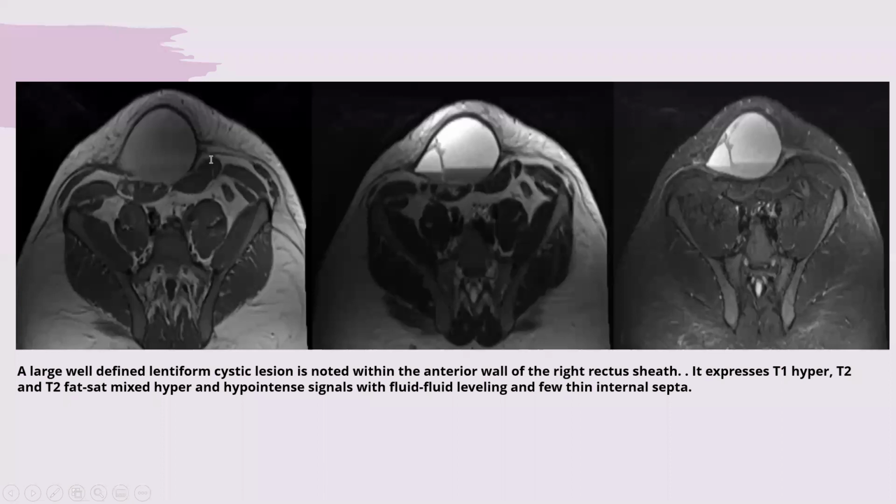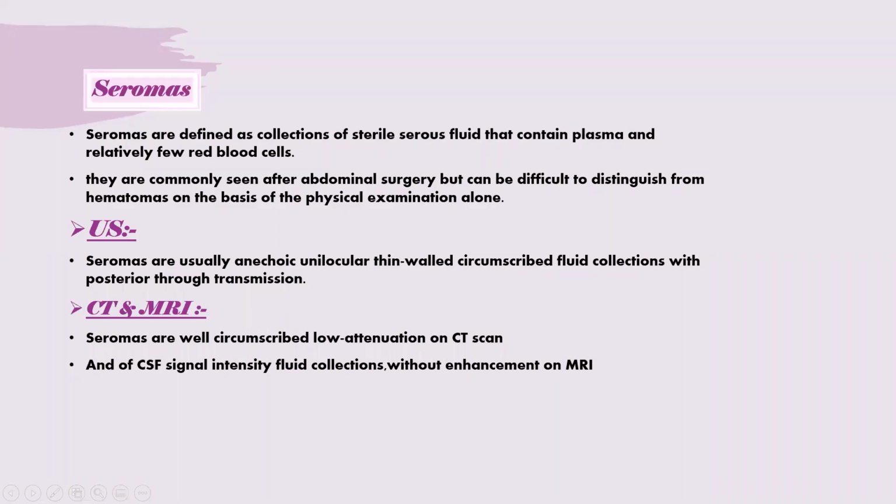نيجي على patient with history of surgery اللي تشمل السيروما والابسس. Seromas are defined as collections of sterile serous fluid that contain plasma and relatively few red blood cells. They are commonly seen after abdominal surgery, but can be difficult to distinguish from hematoma on the basis of physical examination alone.